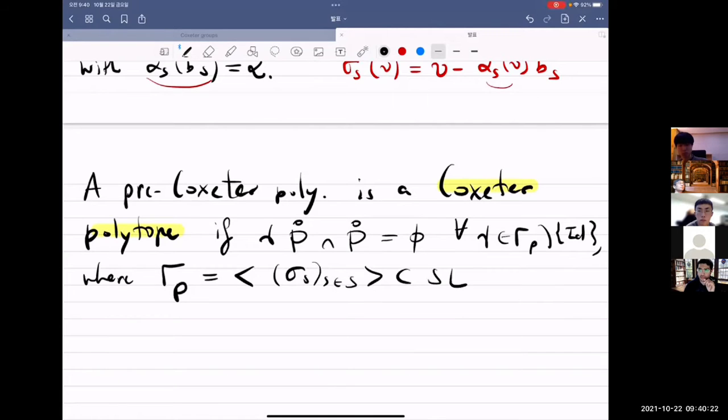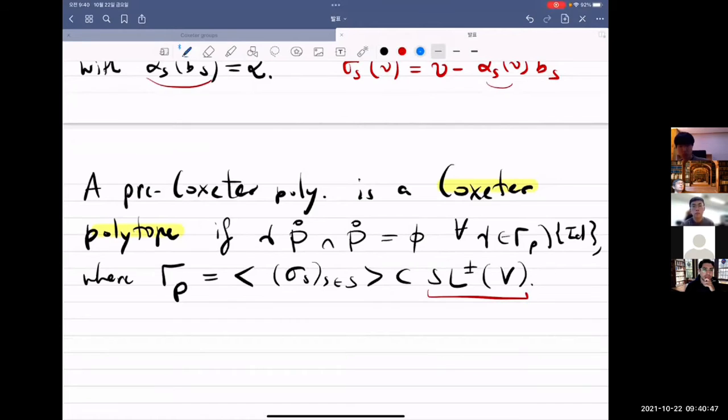Of course, this is a subgroup of SL^plus-minus. Here SL^plus-minus is simply the matrix group whose elements have determinant plus or minus 1. That's in fact the same thing as the automorphism group of the projective sphere.